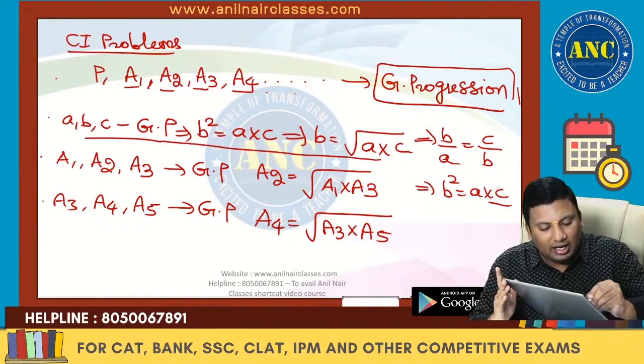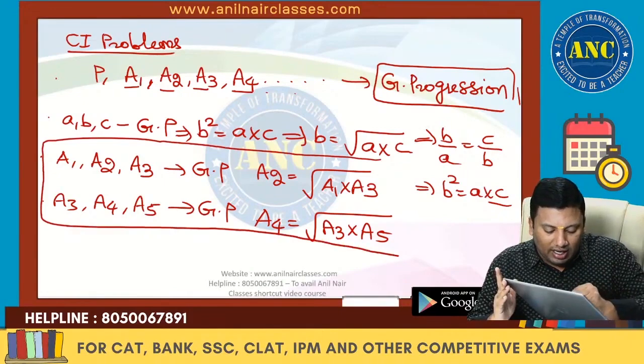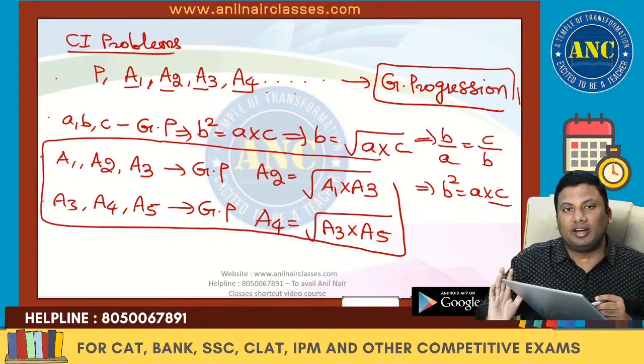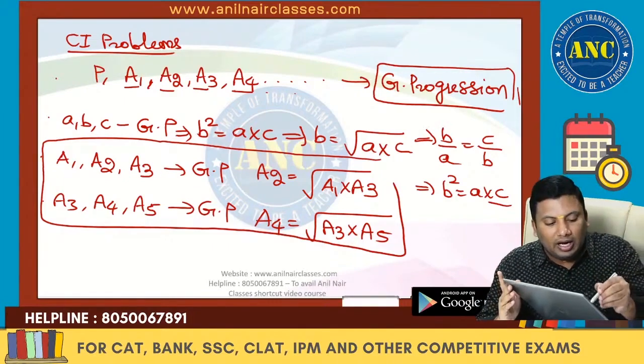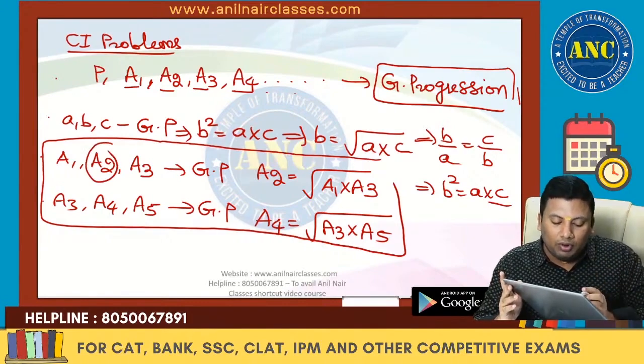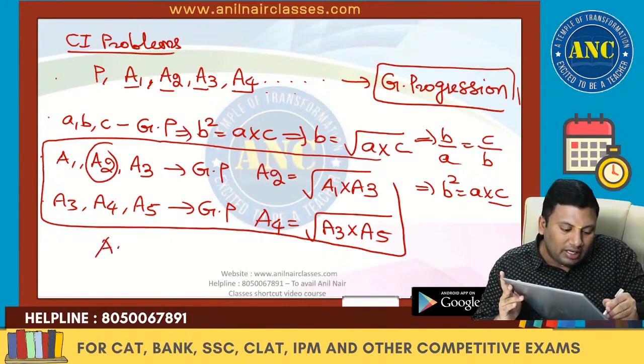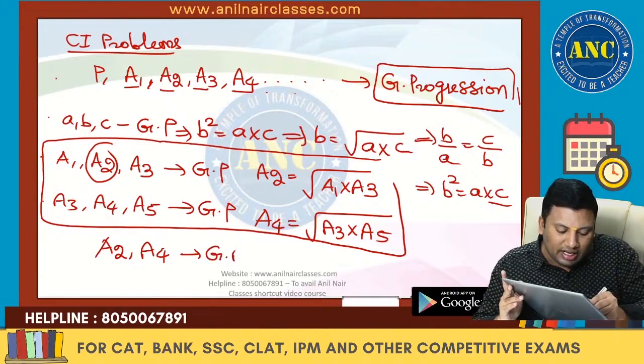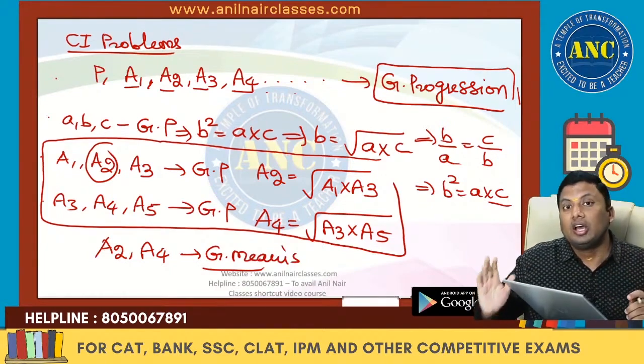Very, very important point. If three consecutive amounts are given in the question and the middle amount is being asked, the middle amount is nothing but the geometric mean of the previous and the next amount. A2 and A4 in this case are called the geometric means.